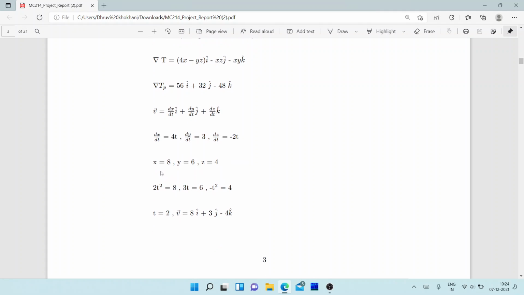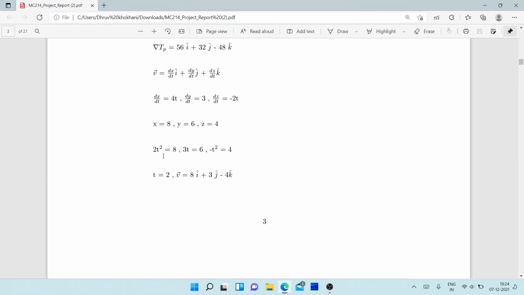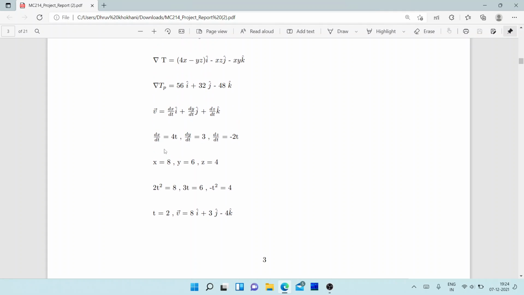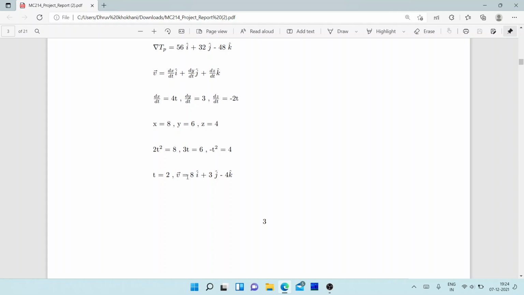To find t, we use x equal to 8, y equal to 6, and z equal to 4. We replace x with 2t squared, y with 3t, and z with minus t squared. After solving these three equations, we get t equal to 2, and we put this value of t in these three equations. So we get the velocity vector as 8i plus 3j minus 4k.